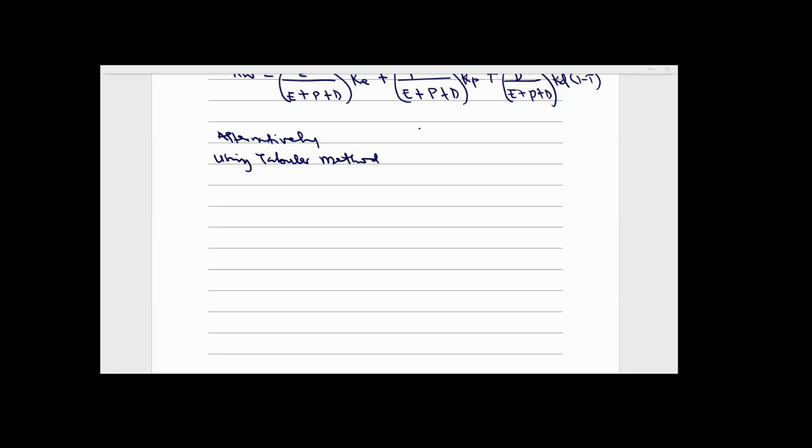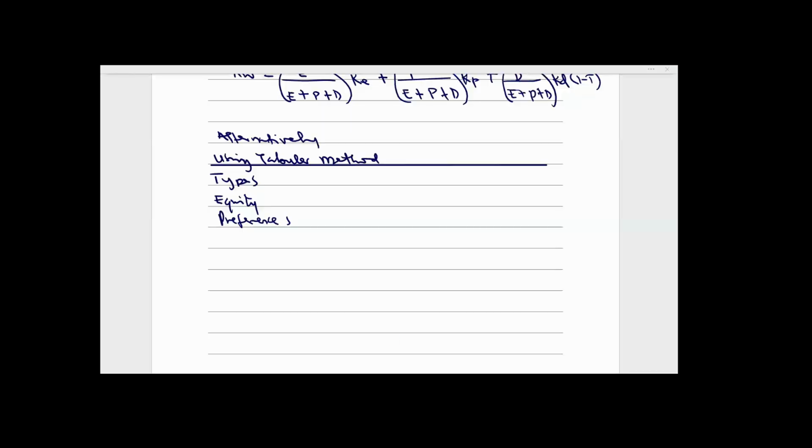No worries. So to use the tabular method, depending on the capital structure, we have equity, preference share, then we can have debts.